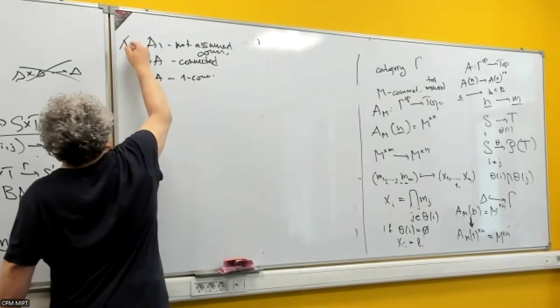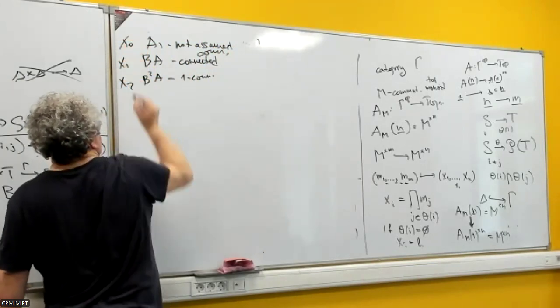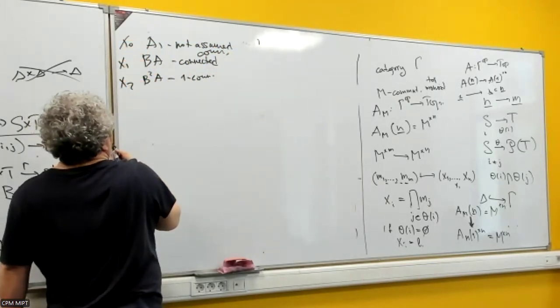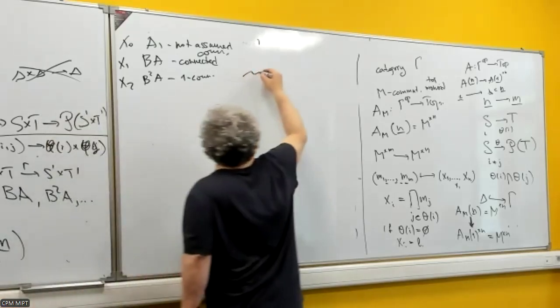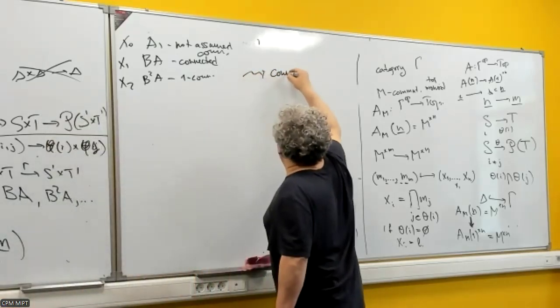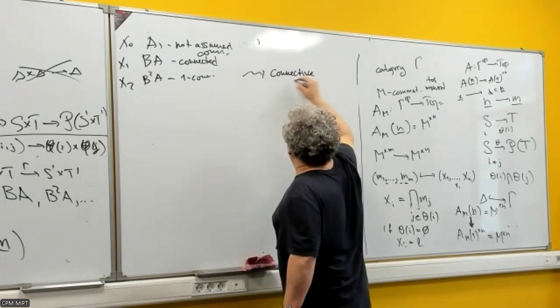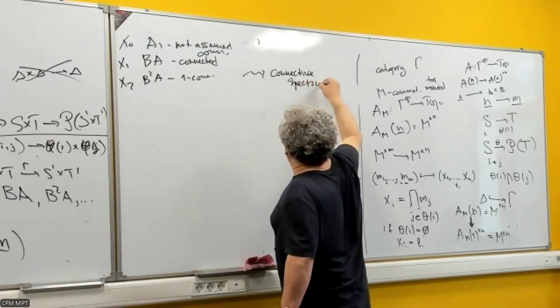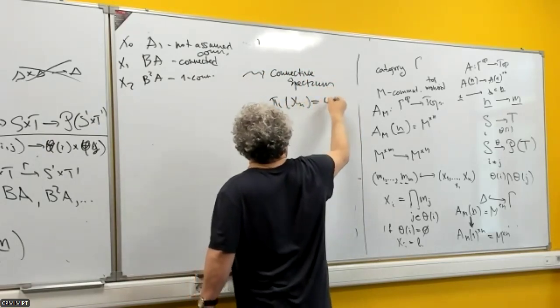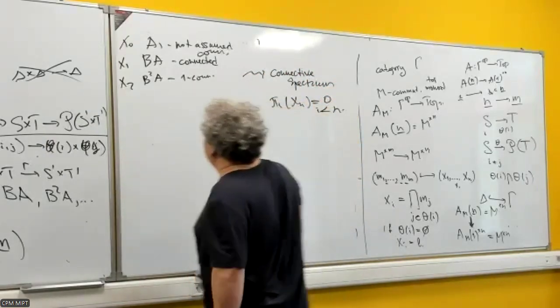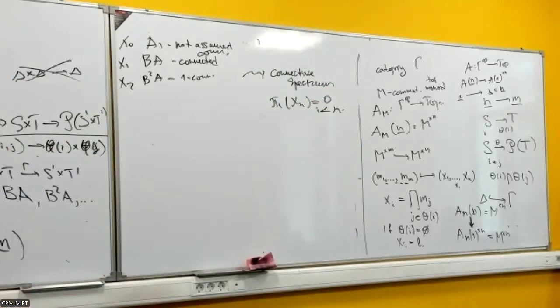So this is X0, this is X1 spectrum, this is X2, and so on. Then we get a so-called connective spectrum, because pi_i of X_n is 0 for i less than n. And it follows from this technical statement which I started with.